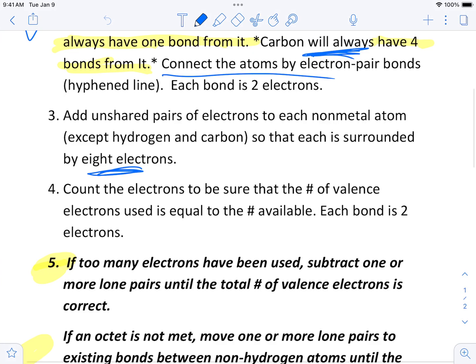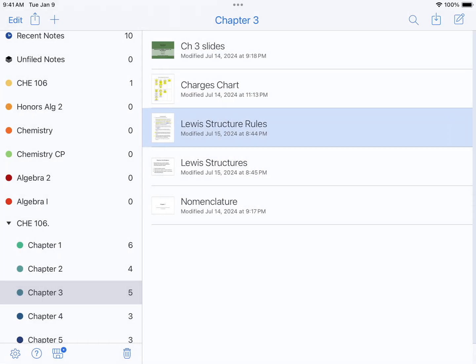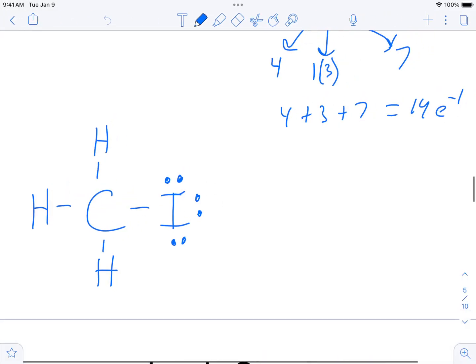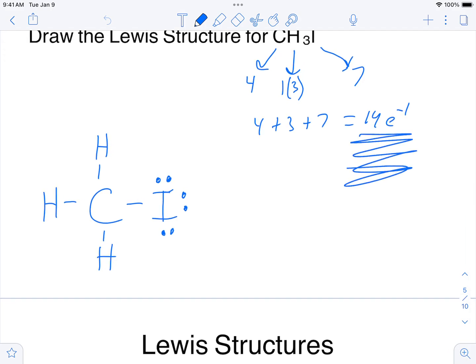Rule number 4 says count up the electrons and make sure that you used the number you started with. Make sure you used 14. So let's count these. Each bond counts as 2, remember. So this is 2, 4, 6, 8, 10, 12, 14. That matches.